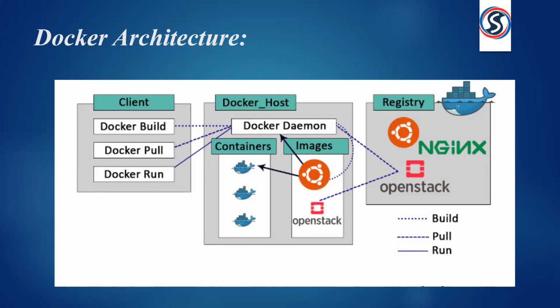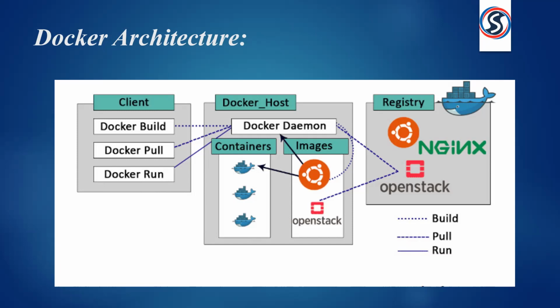Just take an example: a VM boots up its own guest OS, so it has its own OS kernel. Therefore, it will virtualize both the operating system kernel and the application layer.